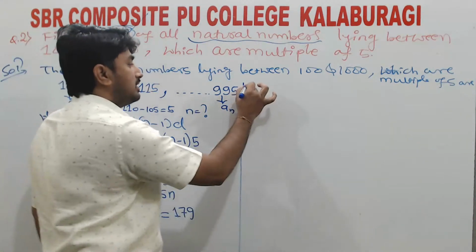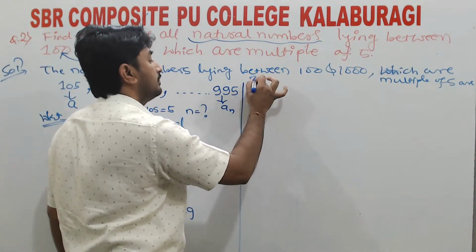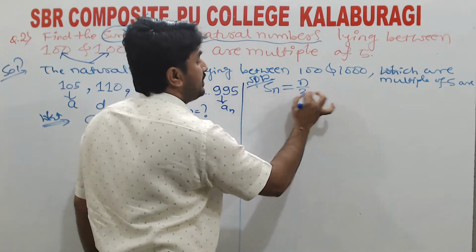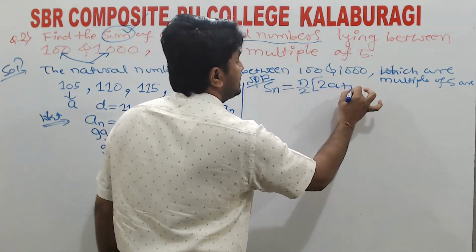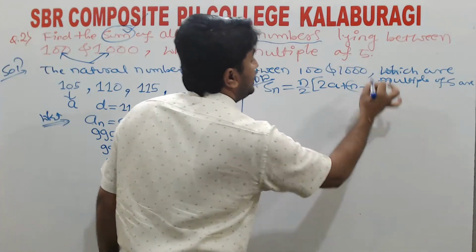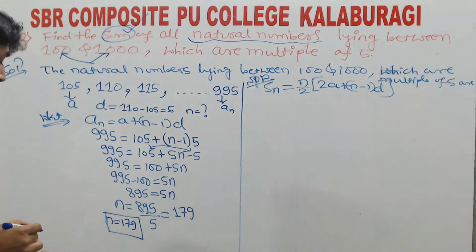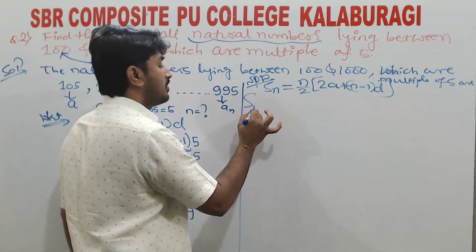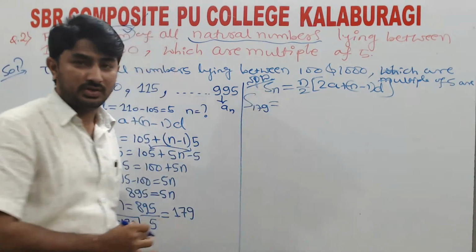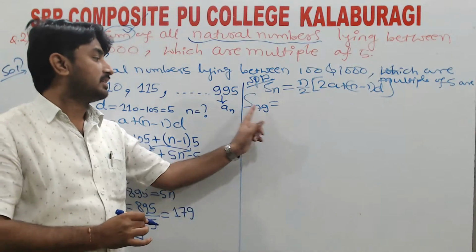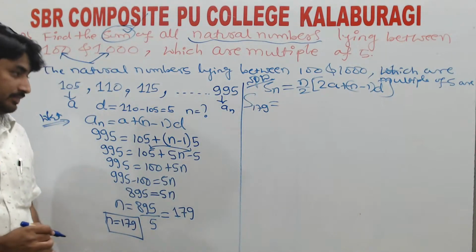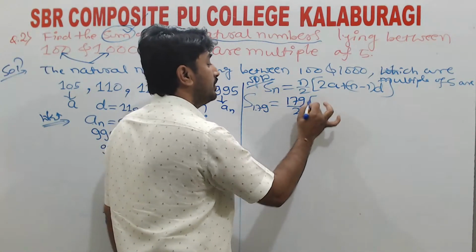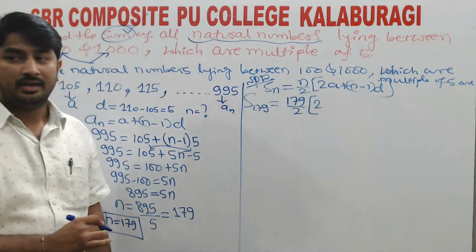So I am taking Sn equal to n by 2 into 2a plus n minus 1 into d. Here the number of terms is 179. So S179 is equal to 179 divided by 2 into 2 times a, where a is 105, plus 179 minus 1 into the common difference 5.